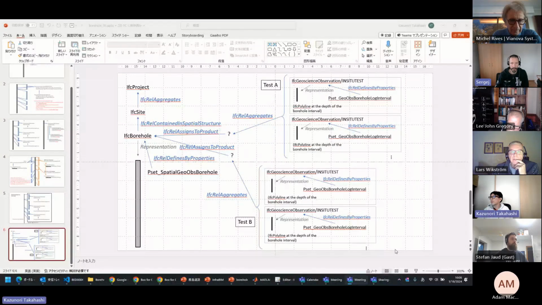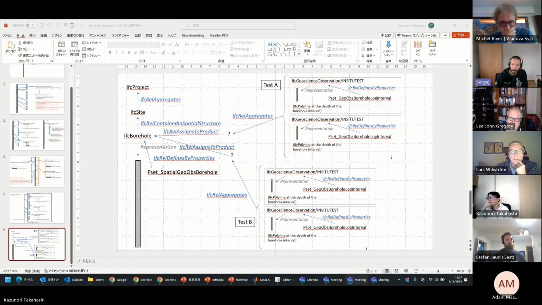But the general idea is that on a borehole we assign tests as geo-observations, and that would be the rel assigns to product. We have the rel assigns to product on borehole where we assign geoscience observation tests to it. But then these geoscience observation tests can be decomposed into smaller tests based on the segments on the borehole.